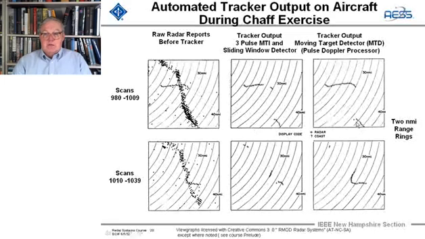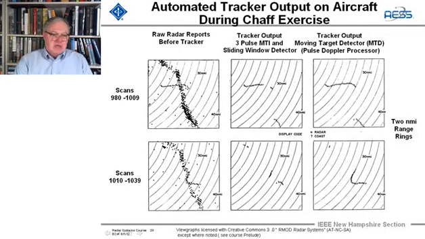And of course we see the aircraft dropping the chaff. It's interesting to note that when we were actually dropping the chaff, the moving target detector detected the aircraft that was dropping the chaff, but it didn't detect at all the chaff that was dropped just previously. That was amazing to see.